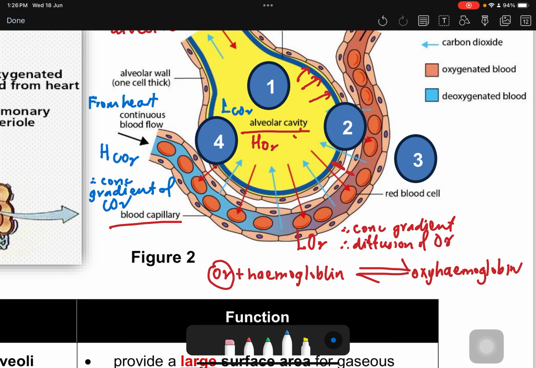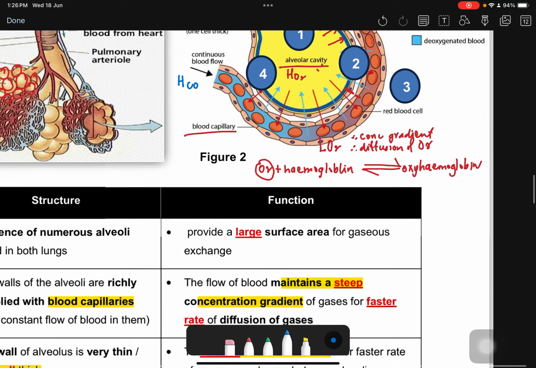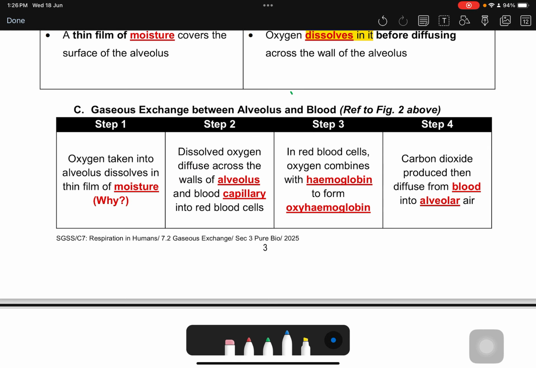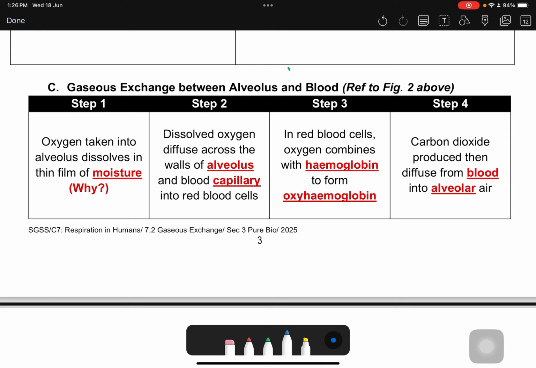Alright, so this is what happens inside the alveolus. And to wrap it up with the 4 steps in text, let me just show you over here. So to summarize, firstly, oxygen taken in will first dissolve in the thin film of moisture. Next, the dissolved oxygen will diffuse across and into the red blood cell. It will pass through different walls, the wall of the alveolus and the wall of the blood capillary.